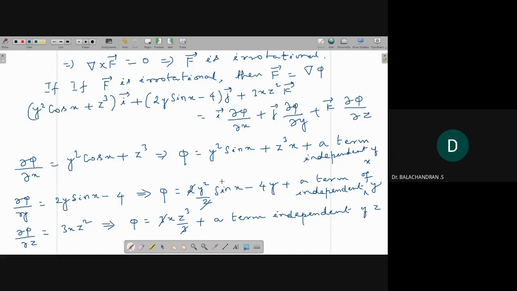So I think here y square sin x is a repeated term. Similarly, x z cube is also a repeated term. Minus 4y is a non-repeated term. So already I told that the repeated term you should write only once, and also non-repeated terms you should write only once.